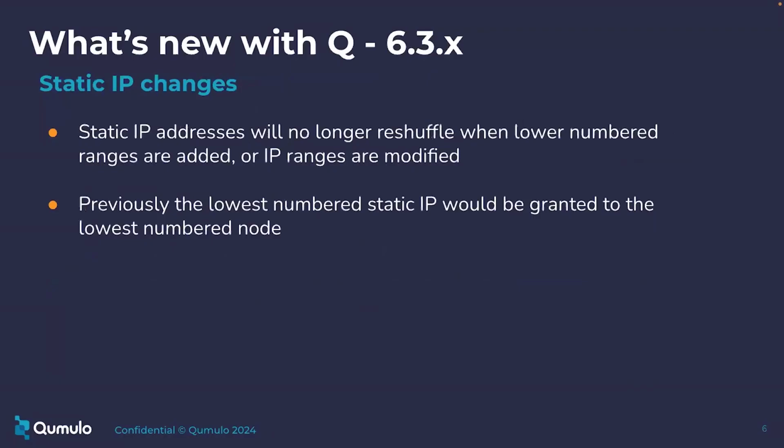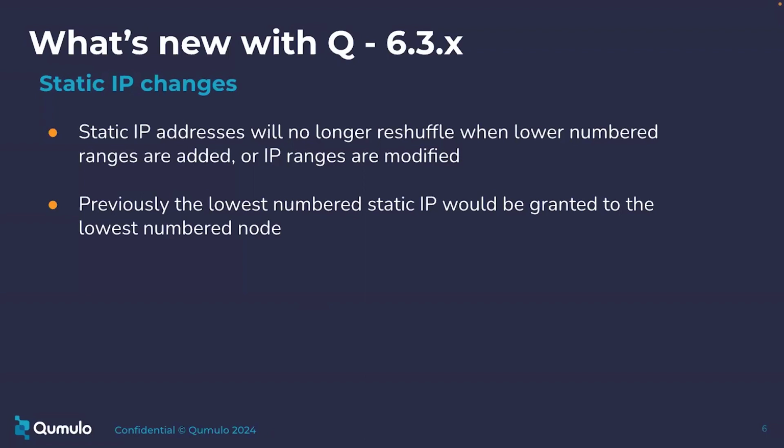Thanks, Will. So static IP changes. Coming off that, not only does that change in TPR, it also changes generically across the cluster. With 6.3.x plus, whenever you change the IP assignment in the WebUI or CLI, we will no longer reshuffle IPs across the nodes.